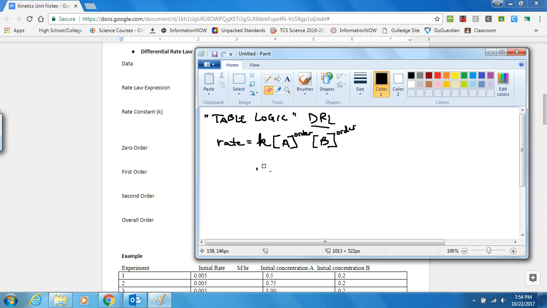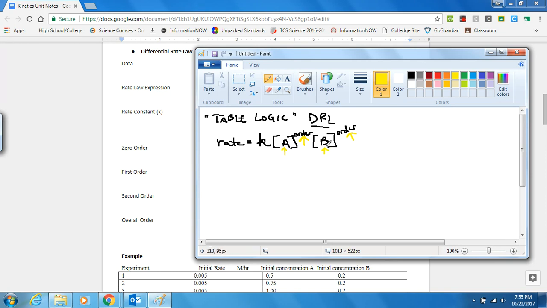So if I'm writing a rate law expression, the only numbers that need to be plugged in are the order here and the order here. You do not want to plug a number in for rate. You do not want to plug in a number for k. A is whatever the reactant is. I don't plug in any numbers. I just write whatever that reactant is.